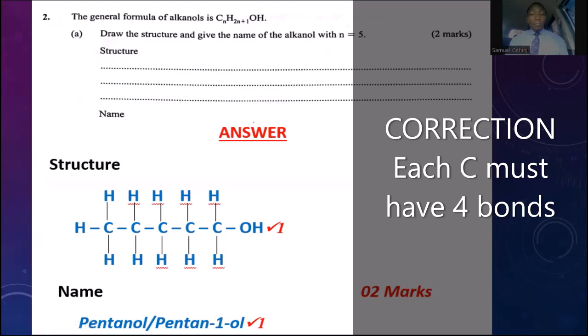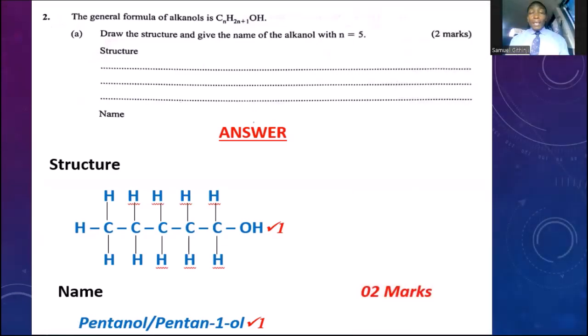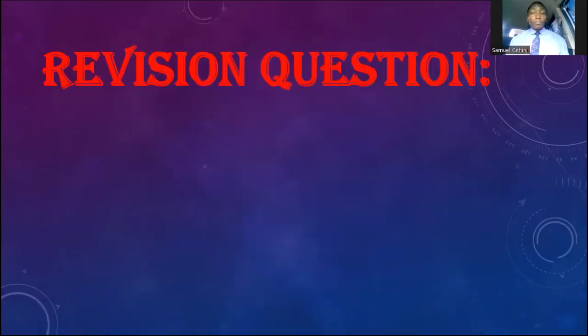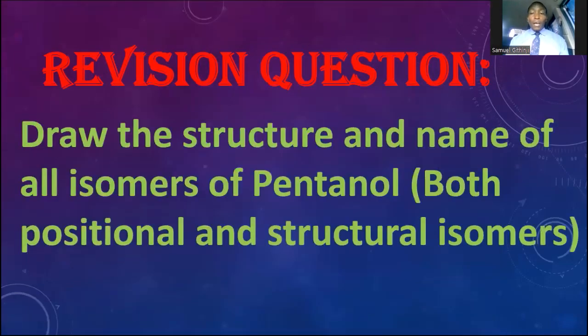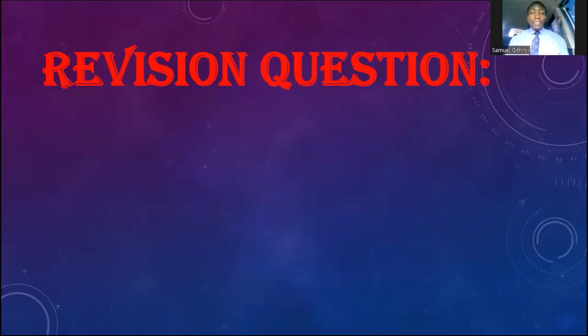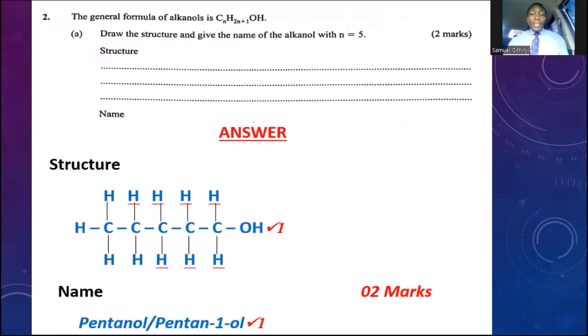Remember, you can draw the isomers. All the isomers of pentan-1-ol can also serve as an answer for that. And maybe that's the question I'll give you, because you can do that for me. You draw all the structural isomers and positional isomers of pentanol. Remember what exactly we're doing, my student. We can decide to remove the OH from here and attach it to the second carbon. Then I'll have pentan-2-ol.